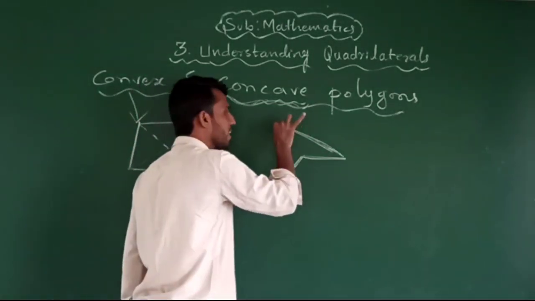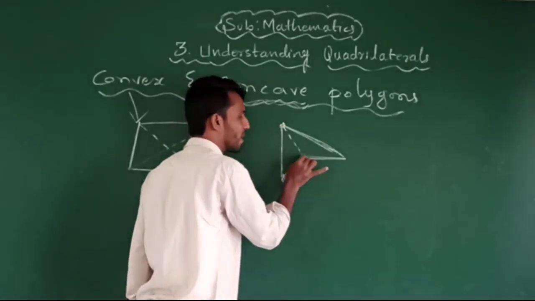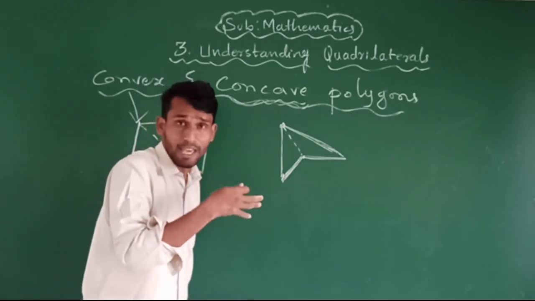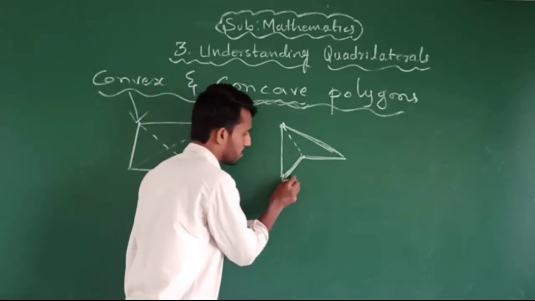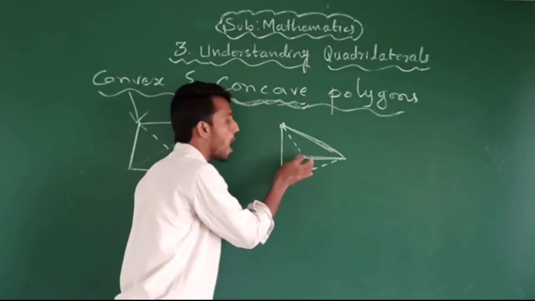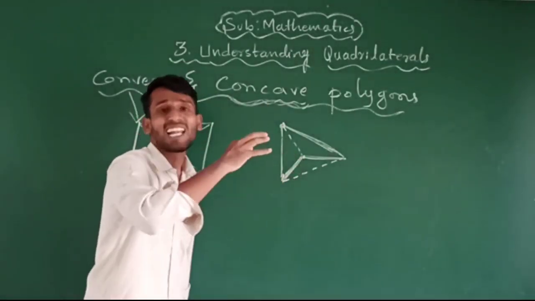See, I am joining the line segment. This vertex and this one are non-consecutive vertices. If you try another one, you will get this. See, this is also a diagonal. This diagonal is outside the figure, so we can say this is a concave polygon.